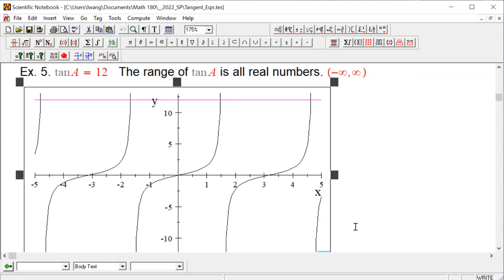What is the solution? Well, we have many, many solutions.